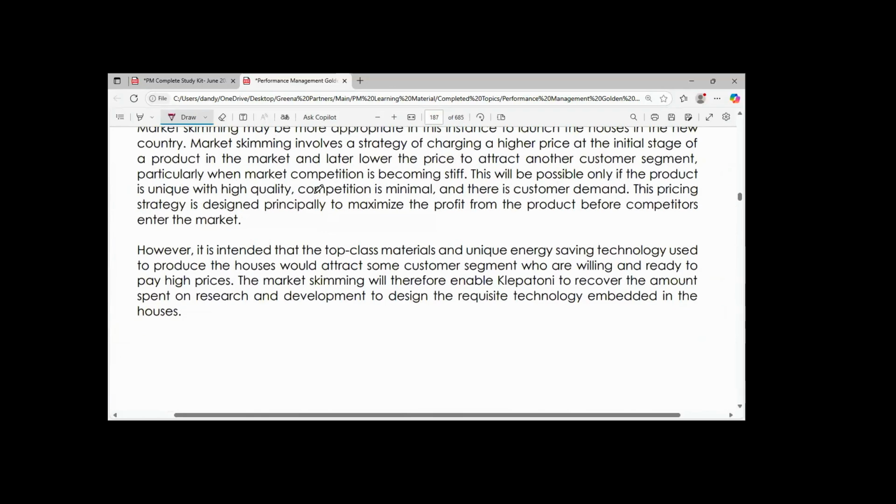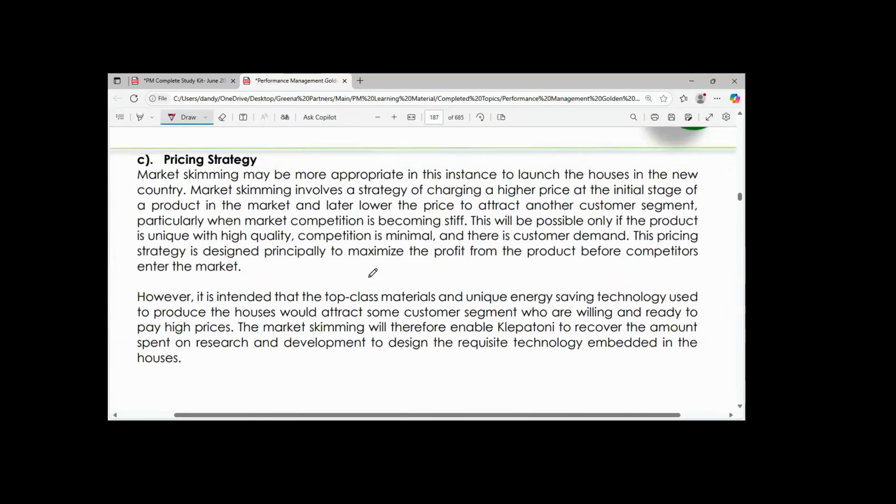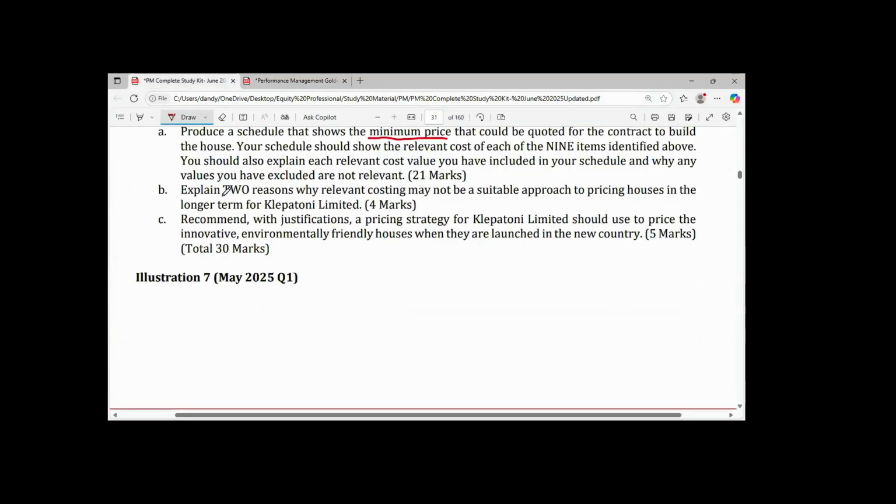Now, part C of the requirements. You are to recommend, with justification, a pricing strategy for Clepatoni Limited to price the innovative, environmentally friendly houses. So the examiner is asking you to provide the pricing strategy to be adopted. What kind of pricing strategy should the company use in this circumstance?